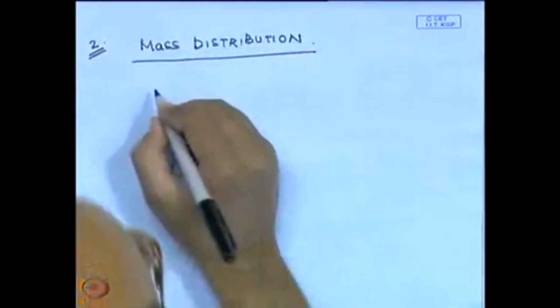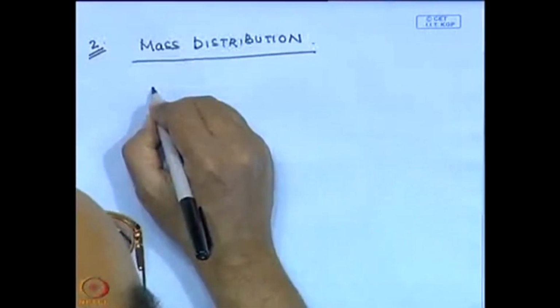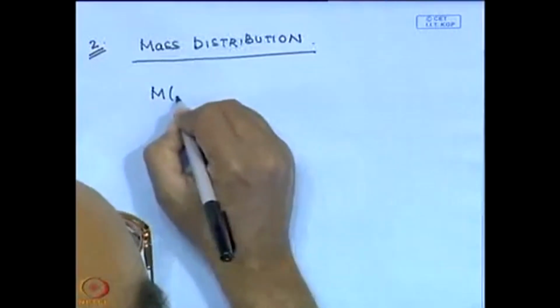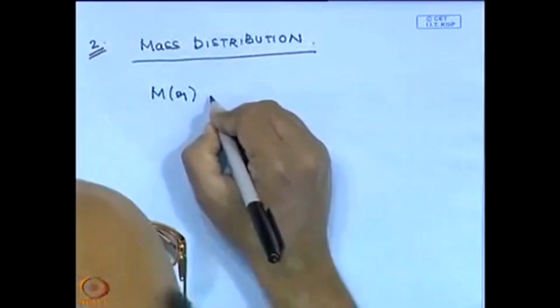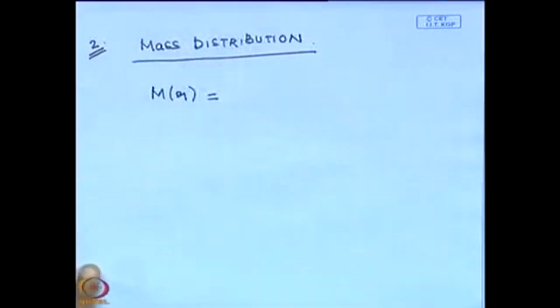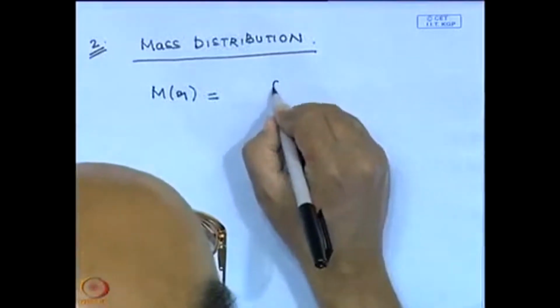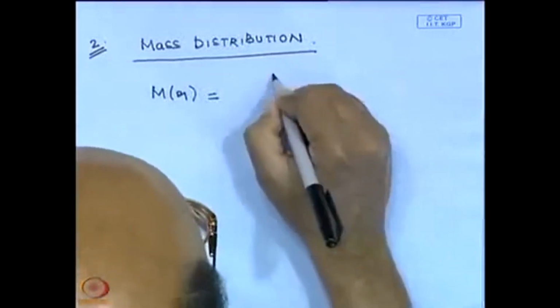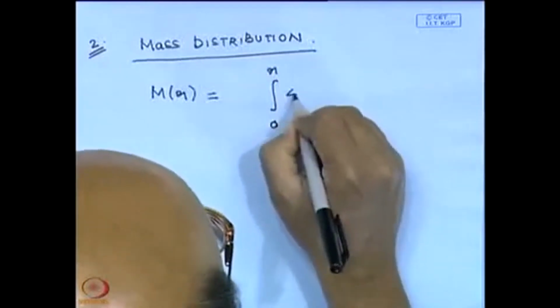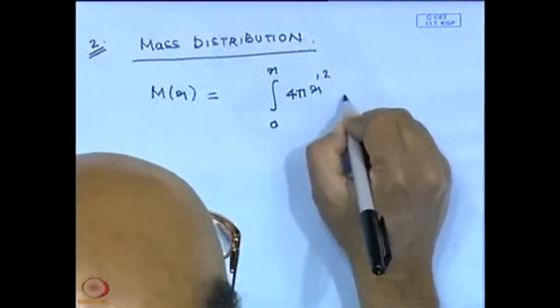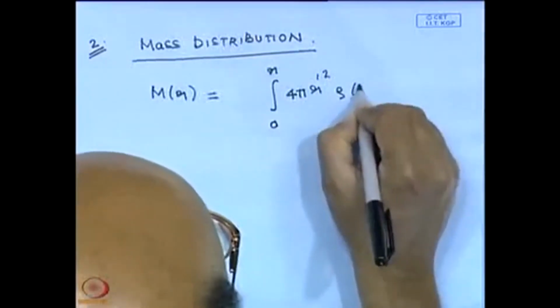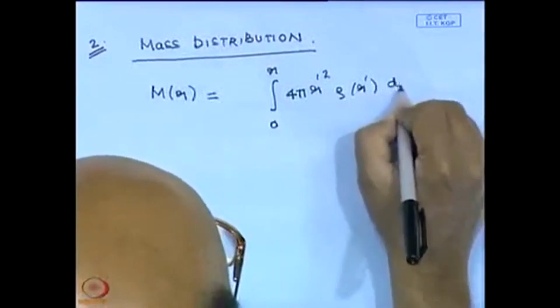We know the mass within a sphere of radius r is the integral of the density, 4 pi r prime square rho of r prime dr prime.